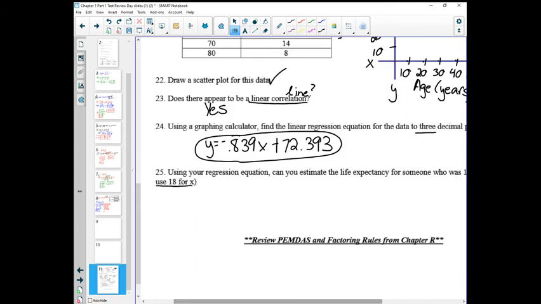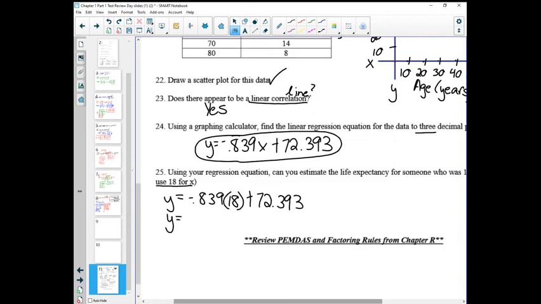And this hint is there, use 18 for x. So now I'm going to go plug in 18 in place of x, because that's the value they gave to us for x, and solve that for y.